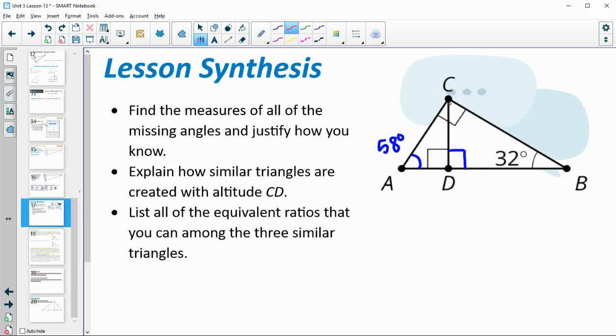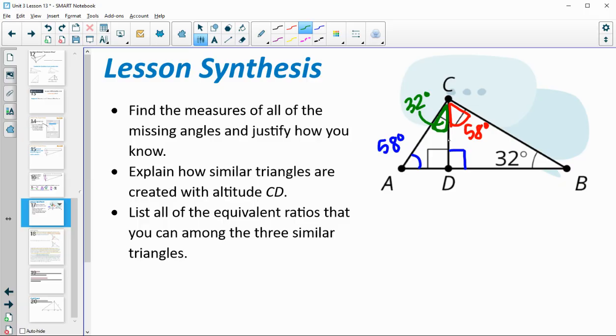You also can figure out these little angles, right? Because this is in this triangle, so subtracting 90 and 32 would give us 58 for this one. And then over here, okay, either you could subtract it from 90 since you know the red and green angle total 90, or you can subtract 58 and 90 from 180 and get 32 for this one.